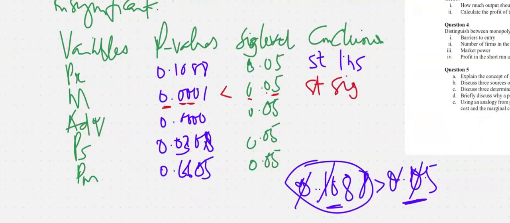Then advertising, the same, statistically significant because the p-value is less than. Then we have the PS. So we have 0 p-value, 0 significance, 0 p-value, 0 significance, 3 p-value, 5. So that is also statistically significant.